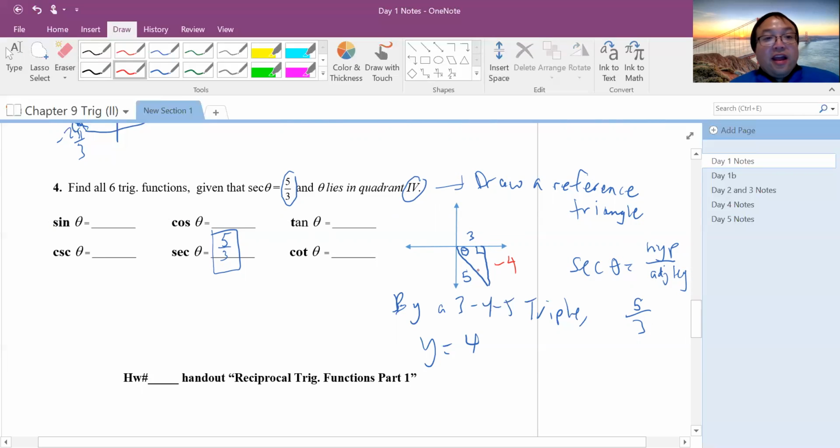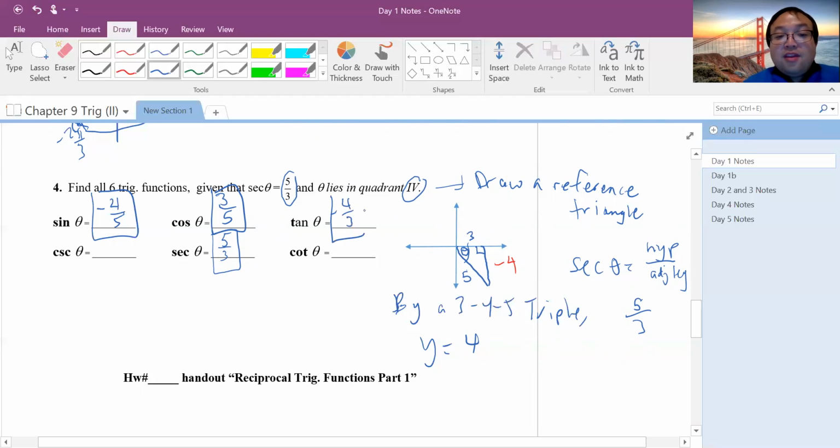Okay. So now I actually can get the rest of my answers. Let's do sine again. Sine of theta, remember, is opposite leg over hypotenuse. So here's my answer for sine of theta, negative 4/5. Now cosine of theta, I could use the triangle. I know it's 3/5, or just go to secant of theta and take the reciprocal of that. That's 3/5. And then for tangent of theta, that's opposite over adjacent, so it's going to be negative 4/3.